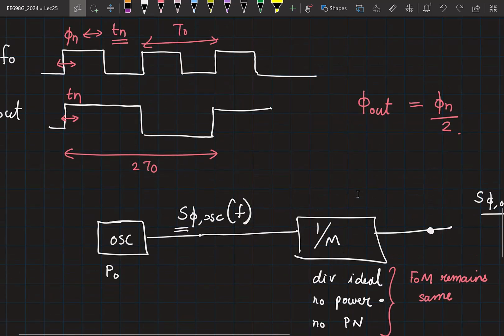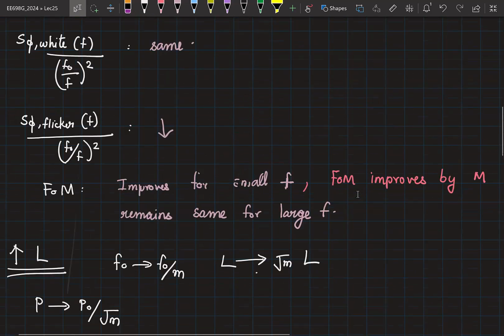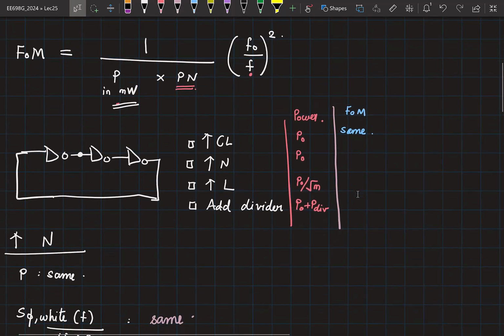So now let me go back to the table we started constructing here. In the first case, FOM remains the same. If you increase by n, what happens? Close in or far out frequency? Yeah.